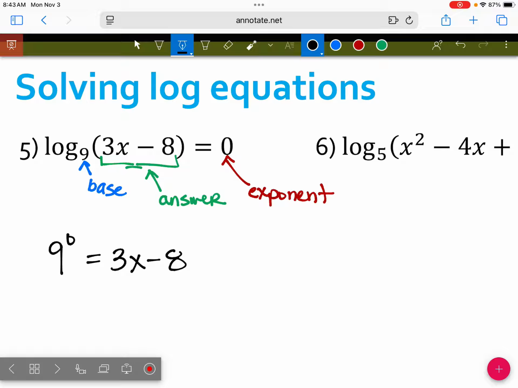And we've already established what? That any number to the power of 0 is 1. Go ahead and solve it from there.